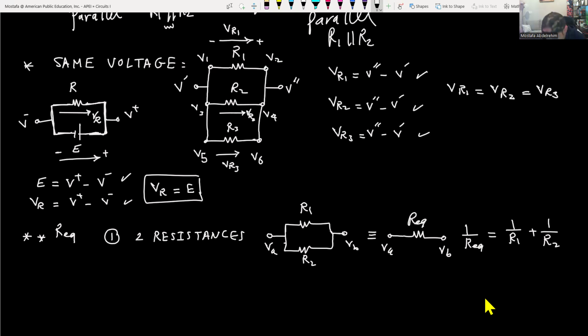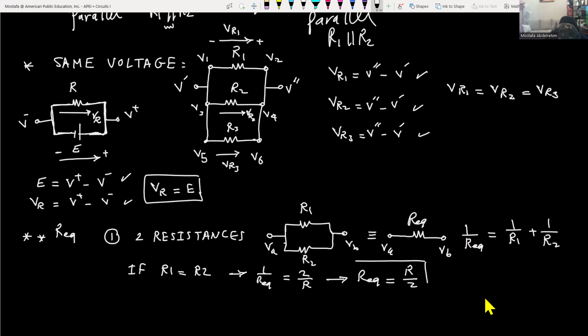And just a special case, if R1 equals R2, in that case 1 over R equivalent is equal to 2 over R. And in that case, R equivalent is equal to R over 2. Oh, it is less than R, correct?